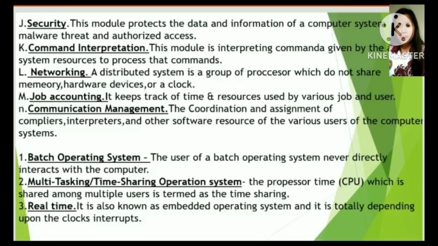Number 3, real-time. It is also known as an embedded operating system and it is totally dependent upon clock interrupts. In a real-time operating system, the time interval to process and respond to inputs is very small.